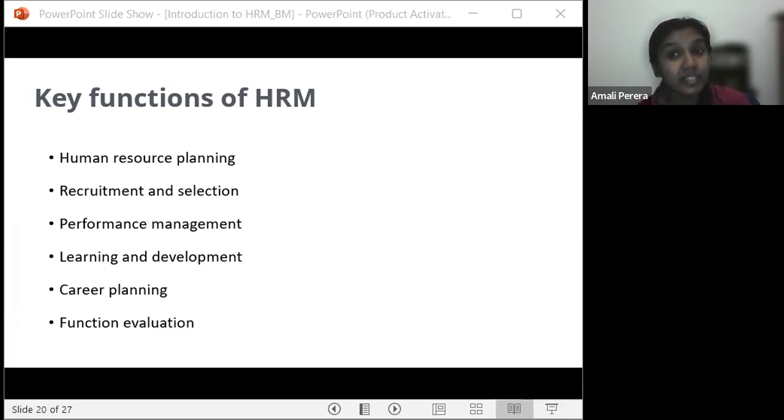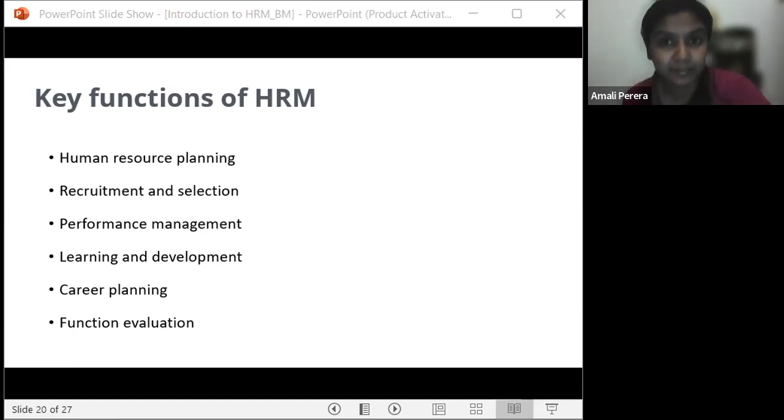And then we have learning and development. Someone would say it's training and development, that's fine. If some employee is not up to the expected level, we need to give some kind of training to develop their skills. That is very important. For example, say we have a cashier who is not very good with the POS system.